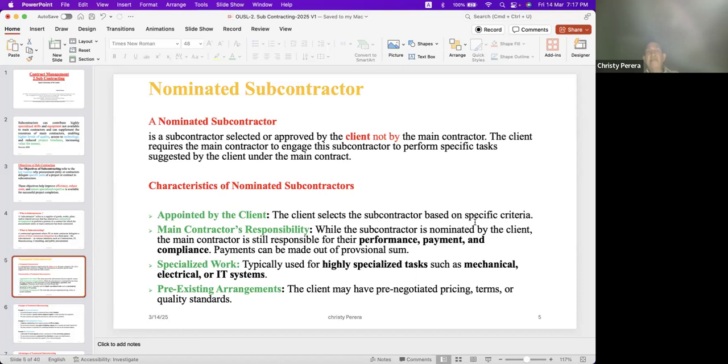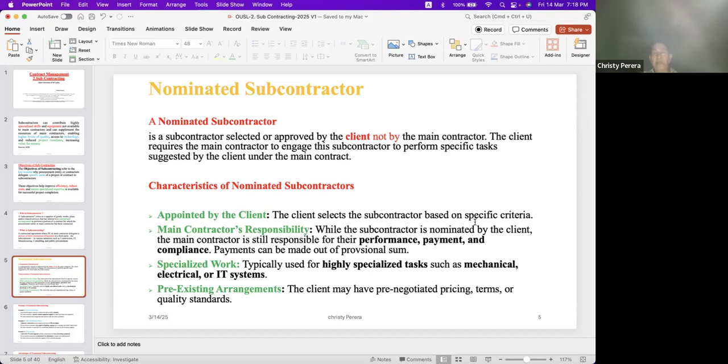He will have to work with that subcontractor, and he will have to get some advice. What is the size of the lift? How to construct it? He will have to get the advice from the nominated subcontractor because he is the expert on this subject.